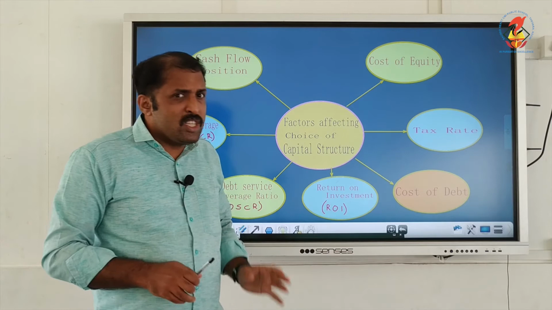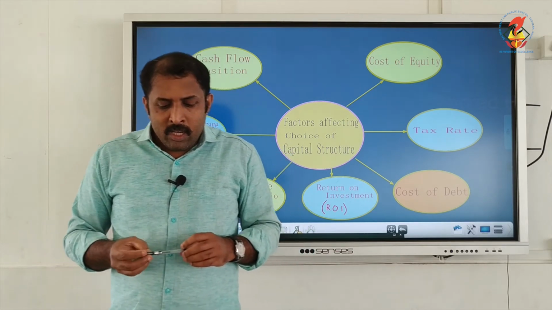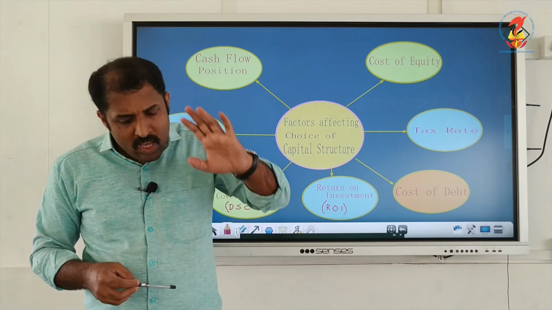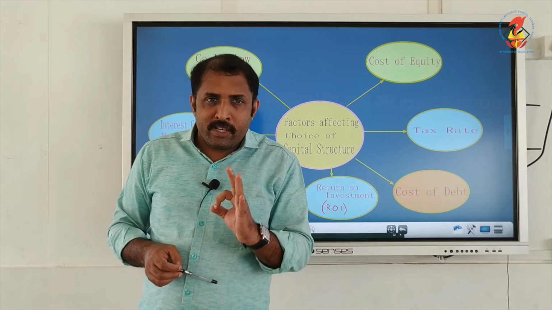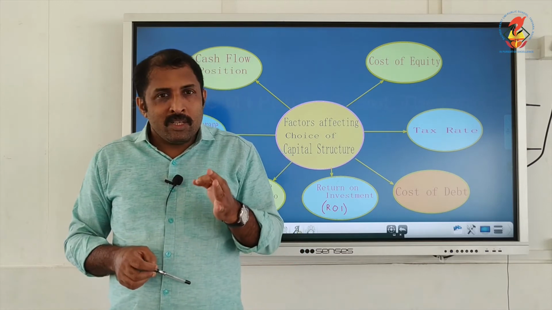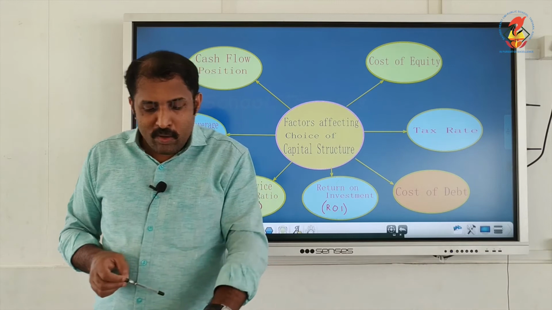Next factor is cost of debt. If the company is able to borrow at a lower rate, cost of debt means the interest also is to be considered. The interest, a fixed financial charge, we have to pay.